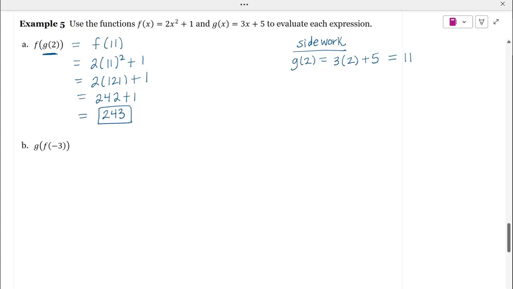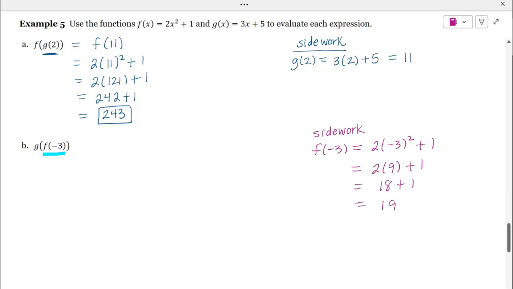Let's do another example. So I'm going to start by thinking about that inner function. So for my side work, I want to find f of negative 3. That'll be 2 times negative 3 squared plus 1, which is 2 times 9, or, oops, this should be a plus, 19.